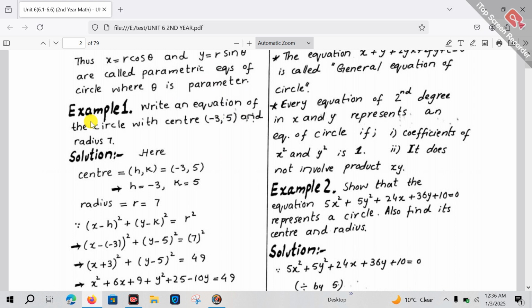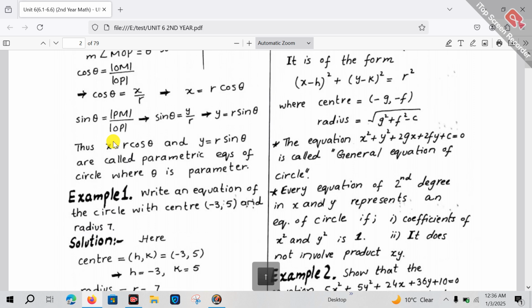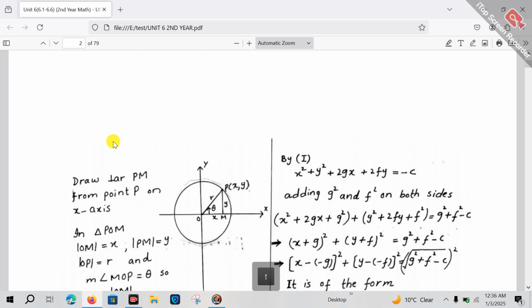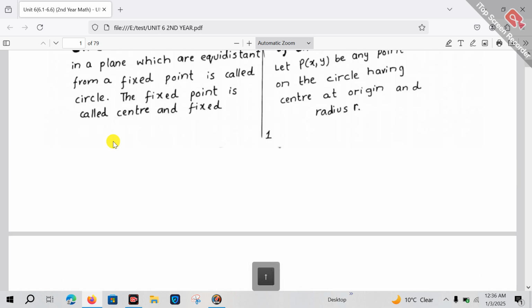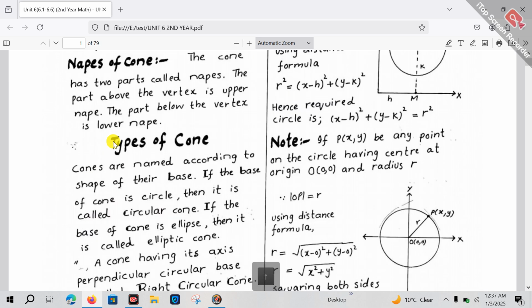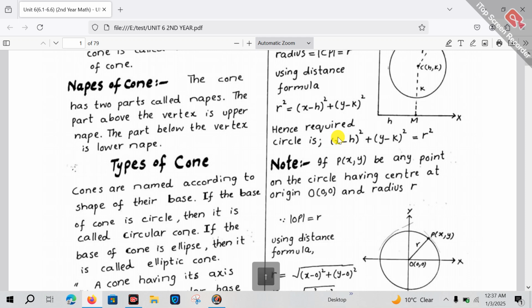So next is example number 1. Write the equation of a circle with the center (minus 3, 5) and radius 7. Before starting its solution, let's look at the equation of a circle. Now, when I use this equation of a circle to solve questions, note that h and k are the center of the circle and r is called the radius of the circle.